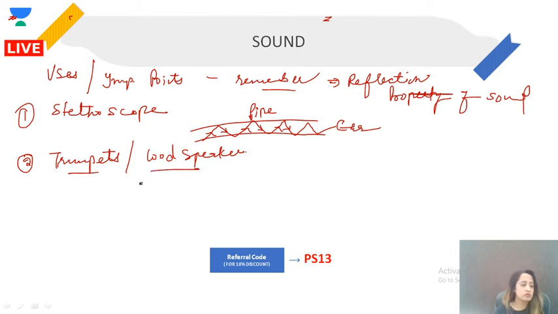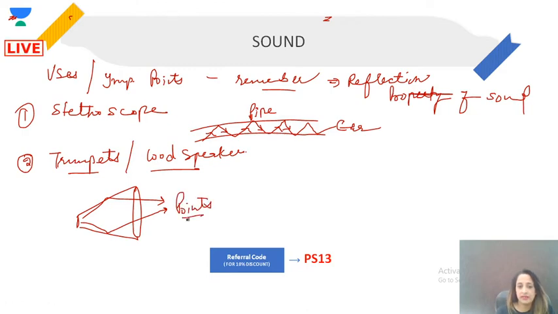You know how those are placed and how those are able to create more sound. That is again because of reflection. Let's say this is a trumpet. It's something like this: the sound hits that surface, gets reflected, and it all points at one point.